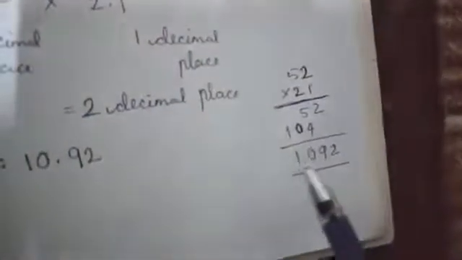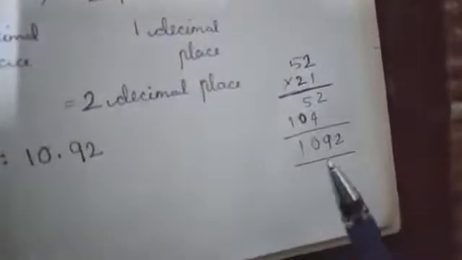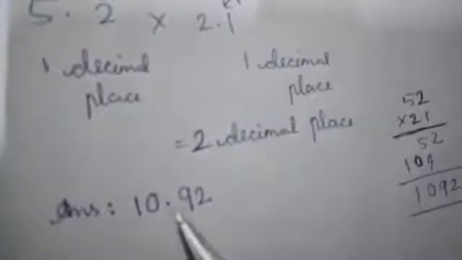I will explain. 5.2 into 2.1. So count the decimal place on both sides. We got 2 decimal place. Now multiply the given sum as a whole number. We got the answer 1092. In this, how to write the decimal place is count. We got the 2 decimal place, right?